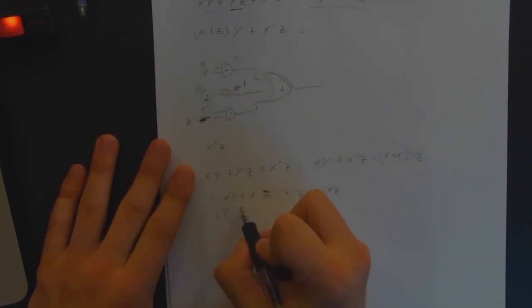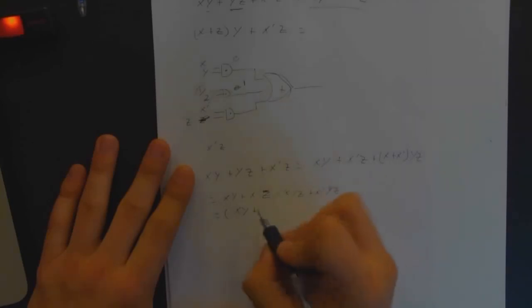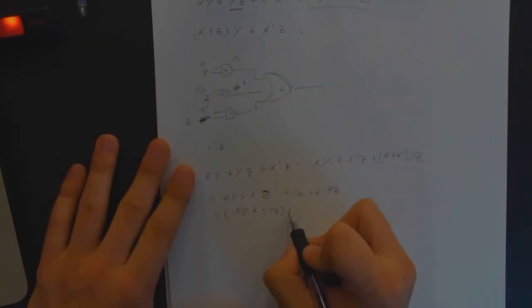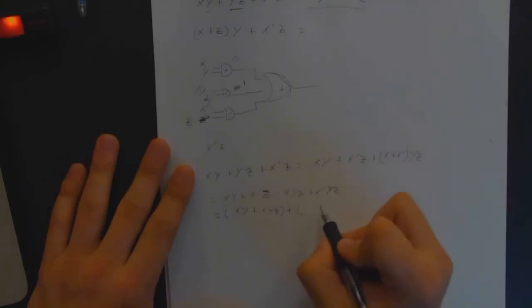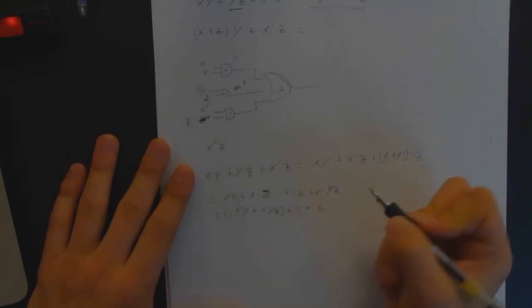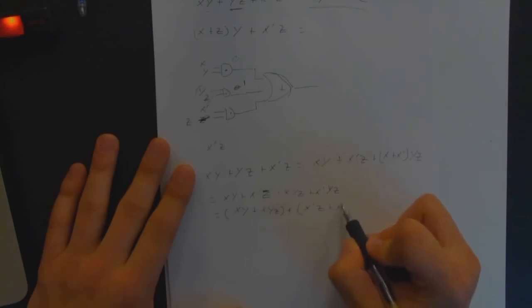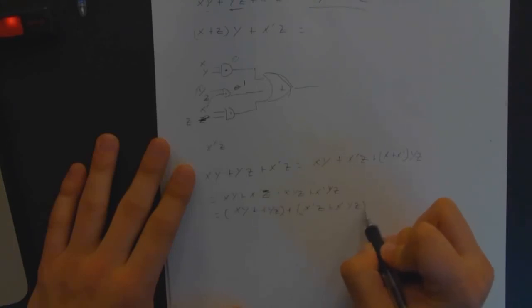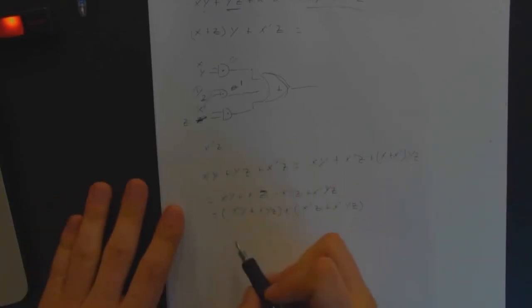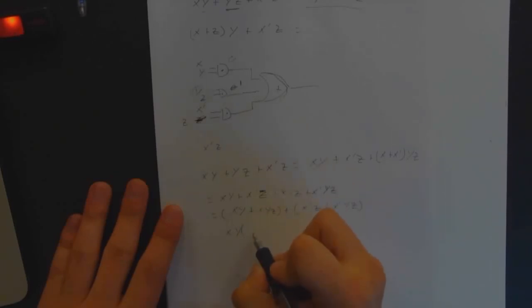All right. So now we can combine those, bracket them off, parenthesis, whatever you want to call it, and we're going to get xy or xyz, or this whole thing, x prime z, or x prime yz. Okay? Make sense so far?